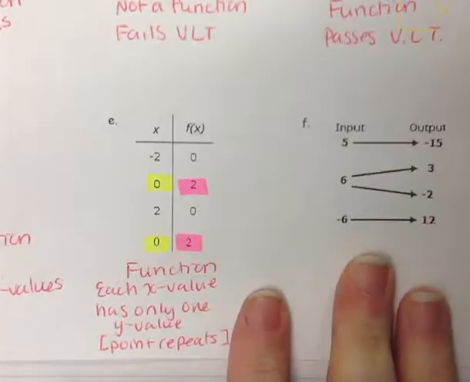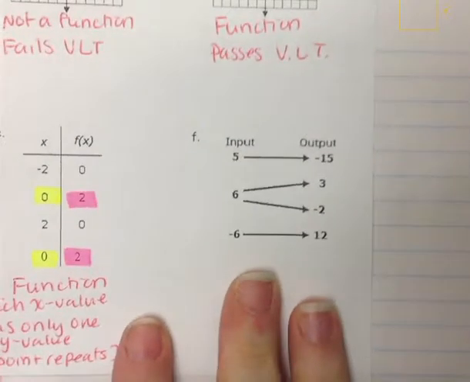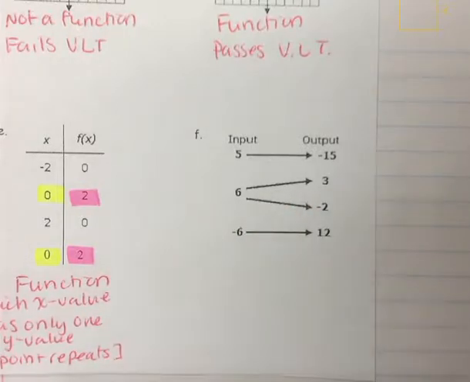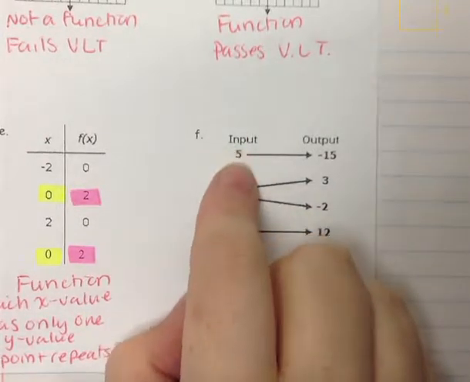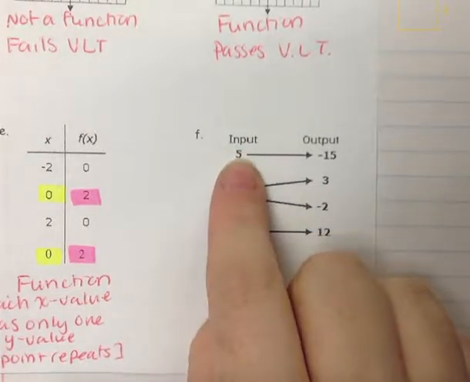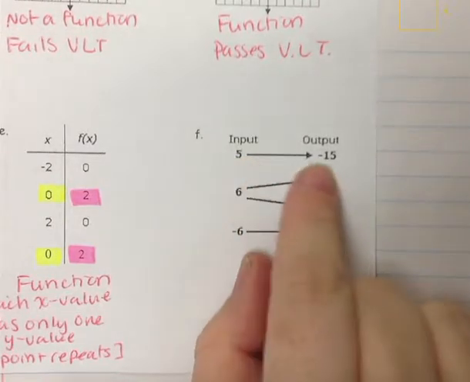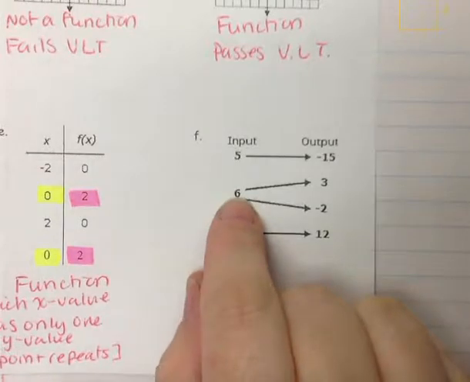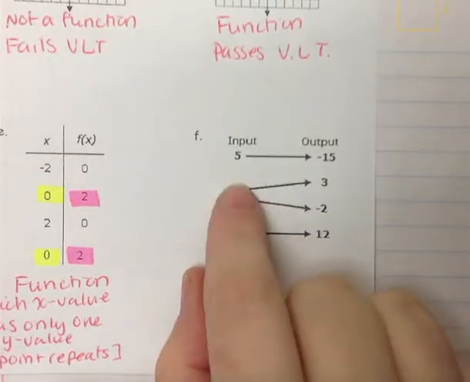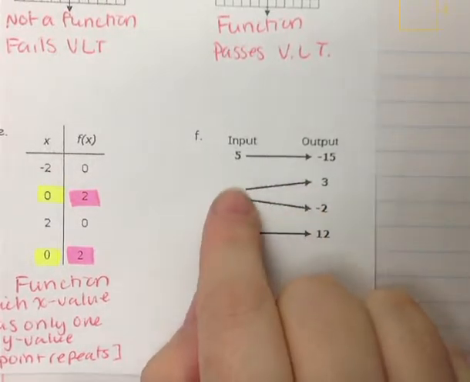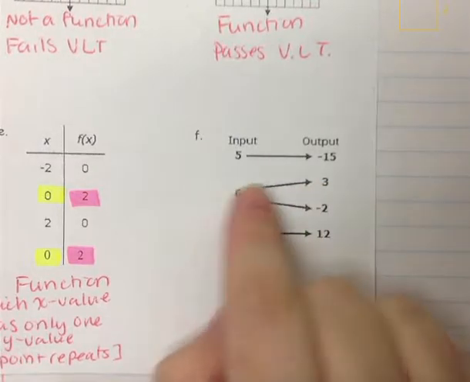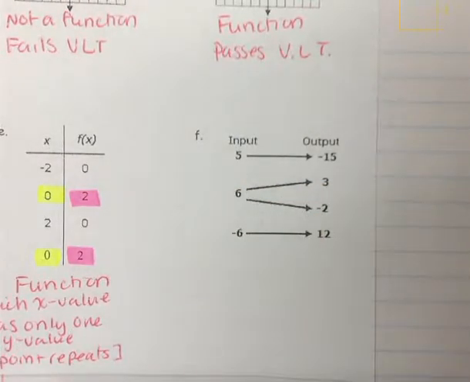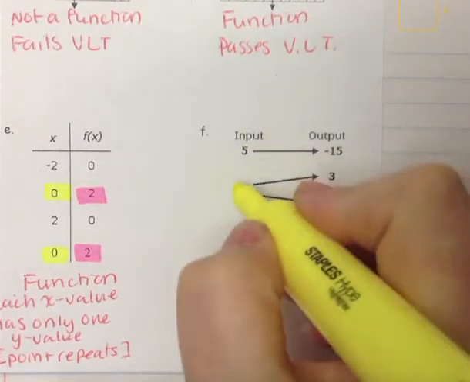On this last example of determine if it's a function, we have an input-output table. So the input is still your x values. So our x value of 5 goes to -15. The x value of 6 actually has two arrows coming off of it. So this would be a (6, 3) and a (6, -2). So that would be the same thing as the table where the 6 is repeated.